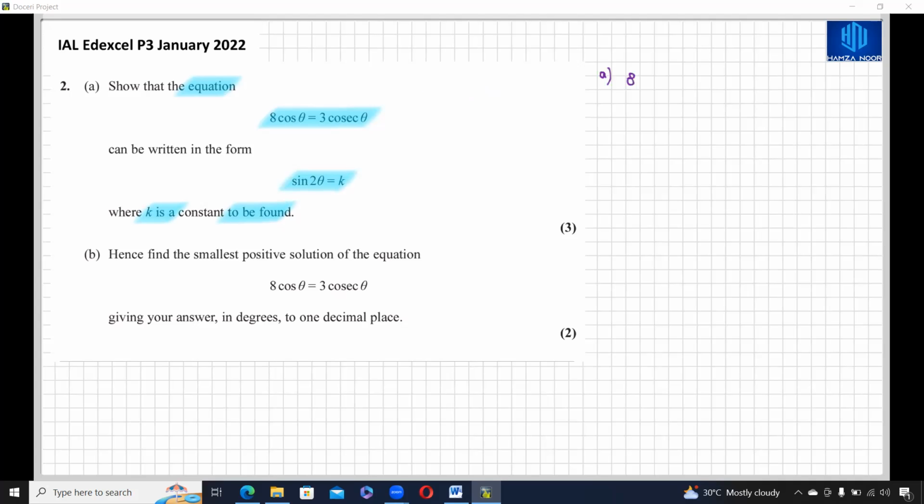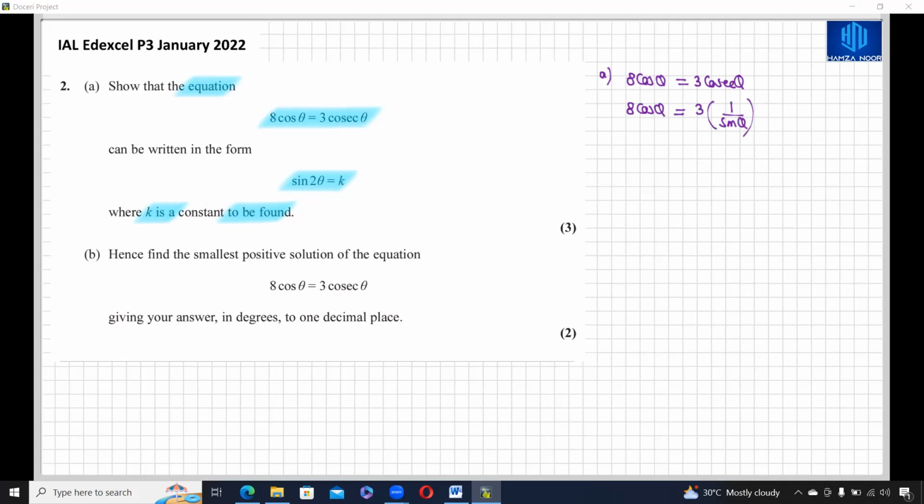So 8 cos theta equals 3 times cosec theta. In place of cosec theta, you can write 1 over sine theta. So 8 cos theta equals 3 multiplied by 1 divided by sine theta.